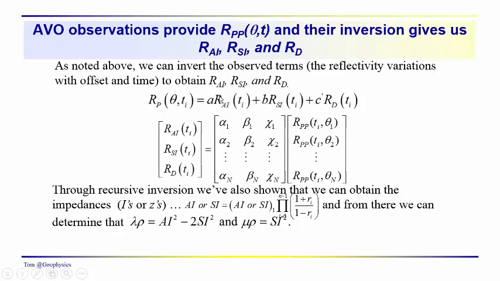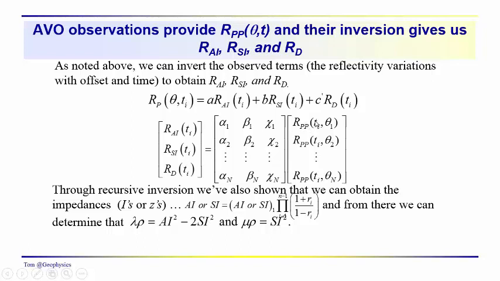The problem then, once we go through this process of calculating A, B, and C, is to determine what the compressional wave, shear wave, and density reflection coefficients are from an inversion of the observations.